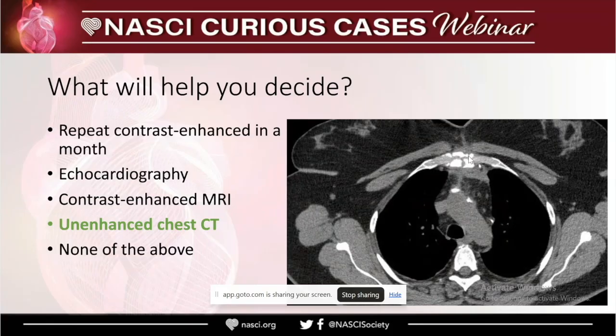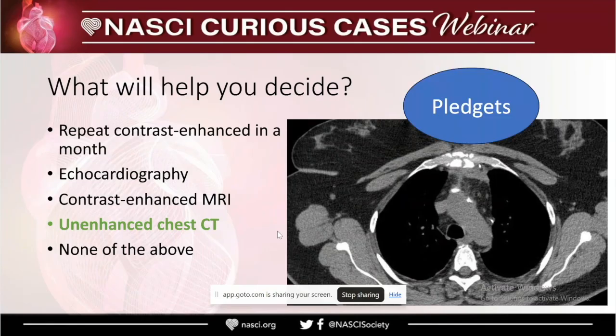So we did obtain a non-contrast CT, and you can see clearly that it's not extravasation, because if it were contrast, it would be washed out. Anyway, so this is definitely surgical material. And usually, these are pledgets that they put in the holes where they connect the bypass machine.